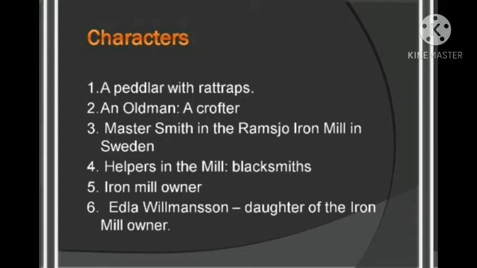One more thing can be added with all these characters: the metaphor of the rat trap serves to highlight the human predicament. Material benefits are the trap that most human beings are prone to fall into. Human beings do have a tendency to redeem themselves from dishonest ways, as does the peddler at the end of the story. The characters of the blacksmiths display the typical attitude of manual workers and laborers, for whom work is the first priority, and parasites of the human society are drags on the fruit of their labor.